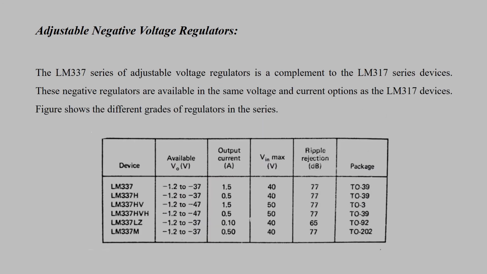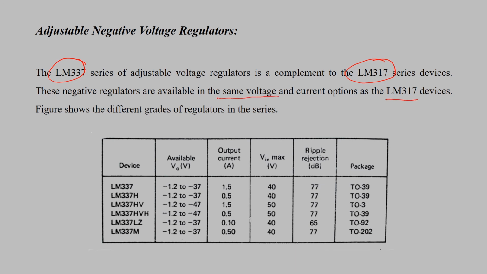So coming to adjustable negative voltage regulators, the LM337 series is an adjustable voltage regulator and is a complement to the LM317 series devices. The negative voltage regulators are available in the same voltages and current options as LM317.